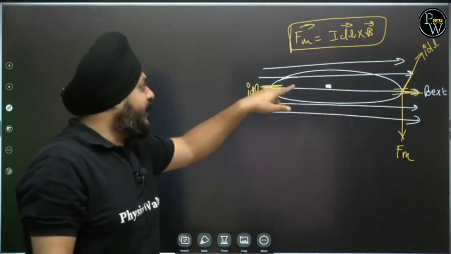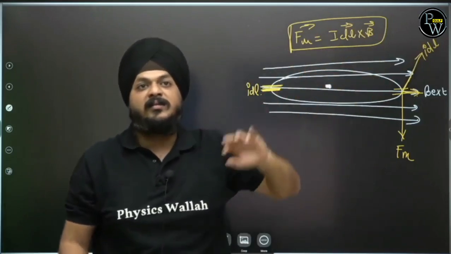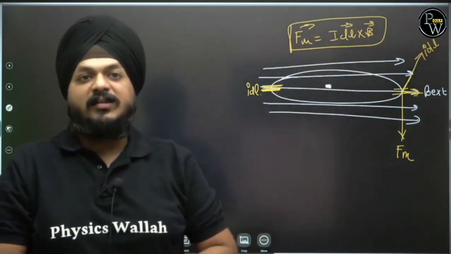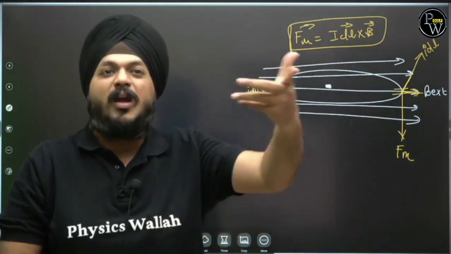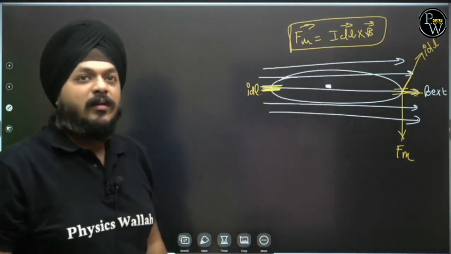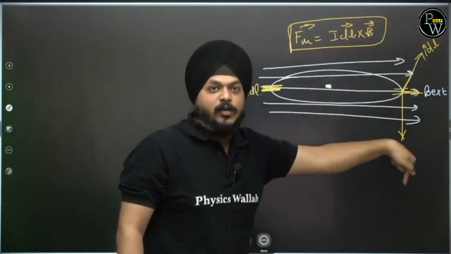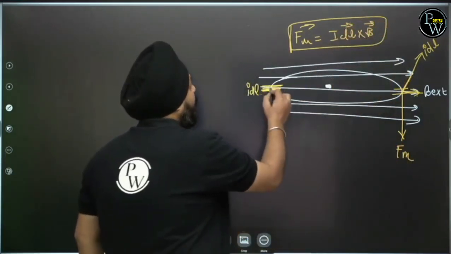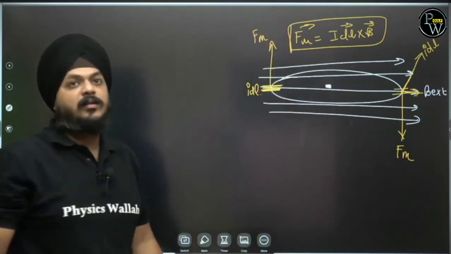If you want to use velocity, it is the same, V cross B. Whatever you want to take is fine. So on one edge of the loop, the magnetic force acts downward, and on the other edge of the loop, the magnetic force acts upward.